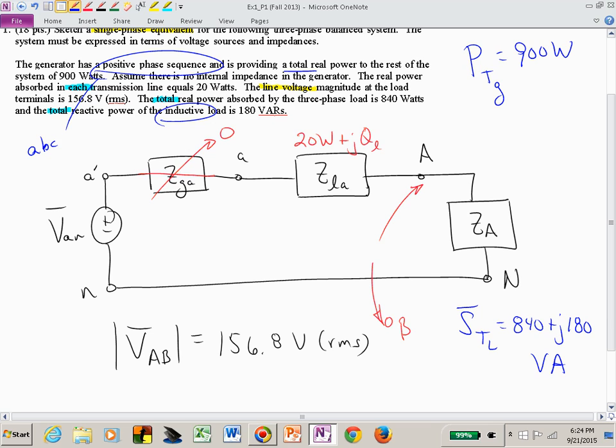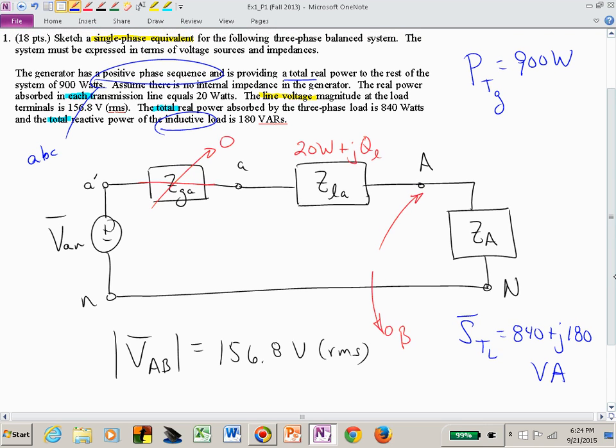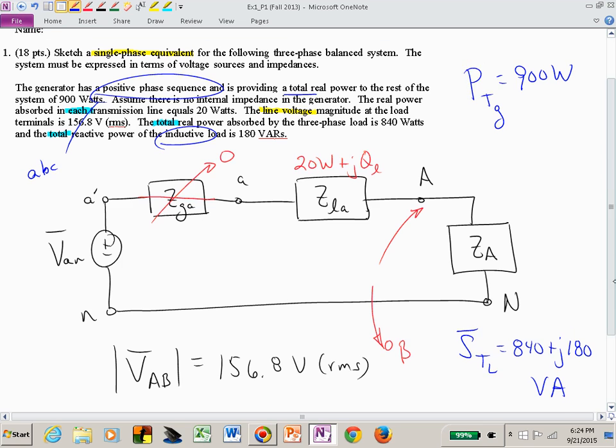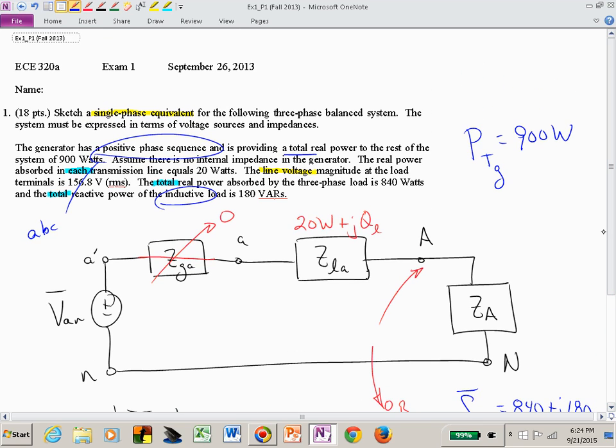Now what do we do? What can we do? What in the world? How did this not copy? Oh, this is an old exam.